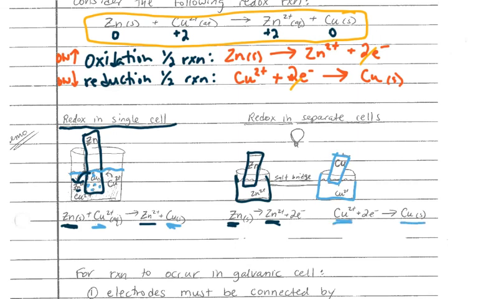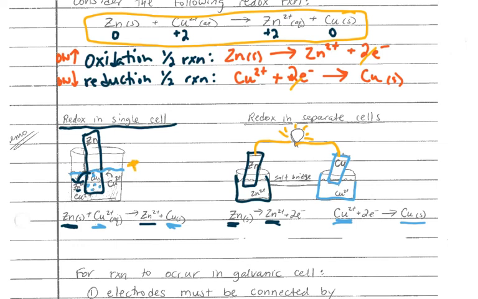All right. We have to have a way to connect them. So to do that, we use a wire to connect the two. And because this is going to generate electron flow, it can actually generate electricity that will light up this light bulb here in between. So we can capture that electron flow as electricity when we use a wire for the electrons to flow across.